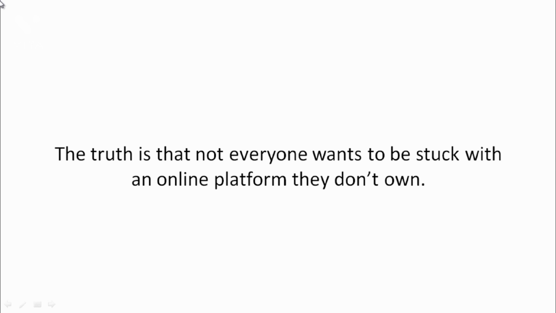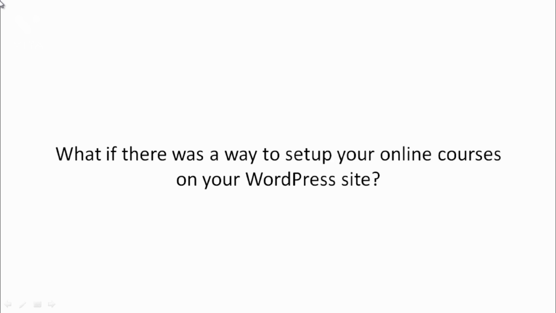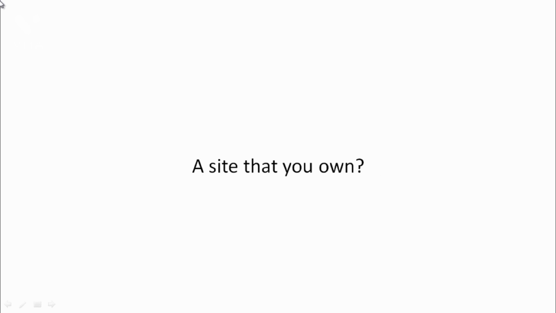Now, here's the truth. Not everyone wants to be stuck with an online platform that they don't own. And maybe you want to use WordPress because you already have a WordPress site. So what if there was a way to set up your online course on your WordPress site, a site that you own and that can never be shut down?